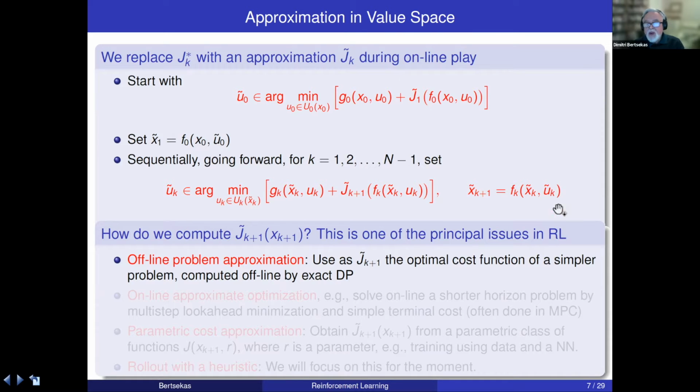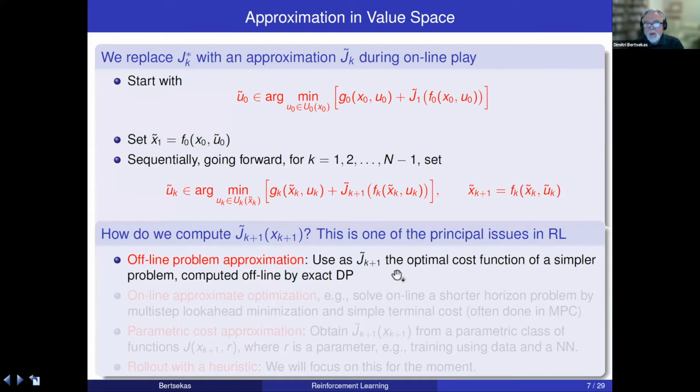In a lot of reinforcement learning, what we're trying to do is find the right kind of J tilde with a reasonable amount of computation. And there are a number of different ways to do that. One way is what we call offline problem approximation. So here we use as J tilde the optimal cost function of a simpler problem, which we compute offline by exact dynamic programming.